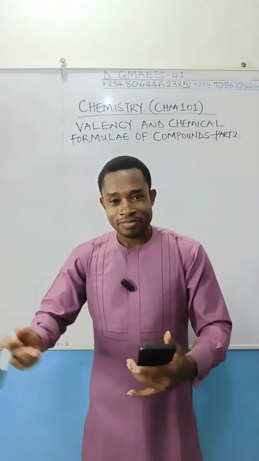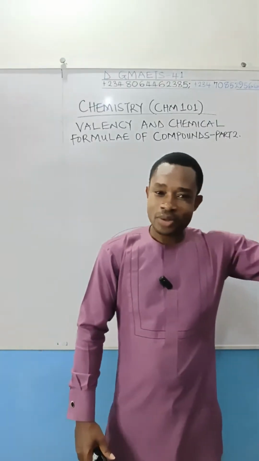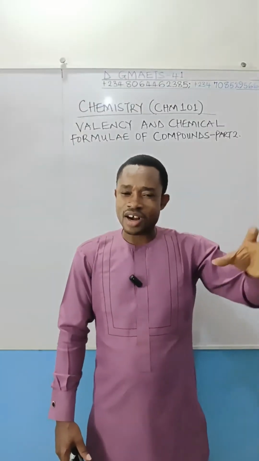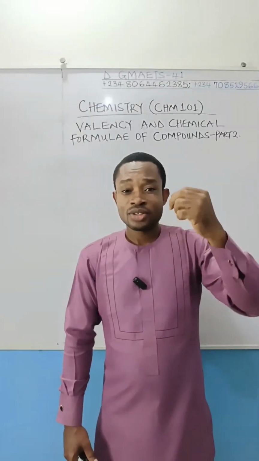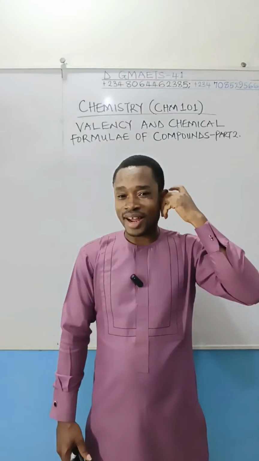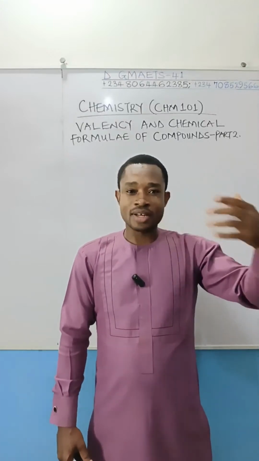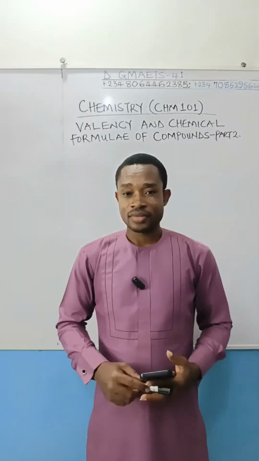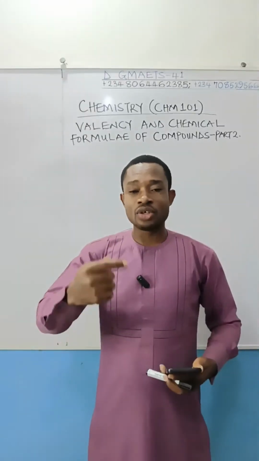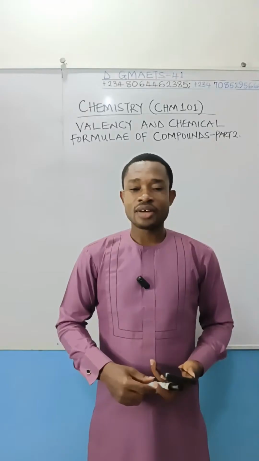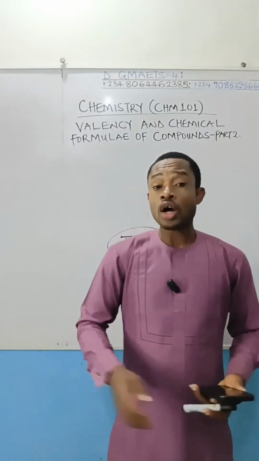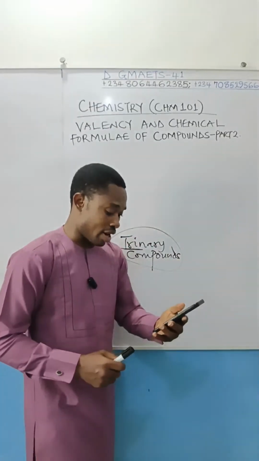And then they will also contain radicals. You know, if you come to radicals, you usually have 2 elements in a radical, right? 2 atoms of different elements. They make up radical. So this is going to guide us as we now look at how to write correct chemical formulae of trinary compounds. So all in all, what are the things you need to bear in mind?